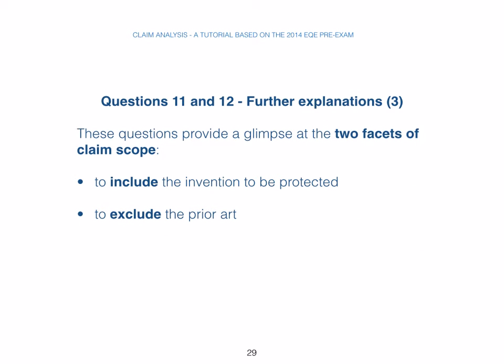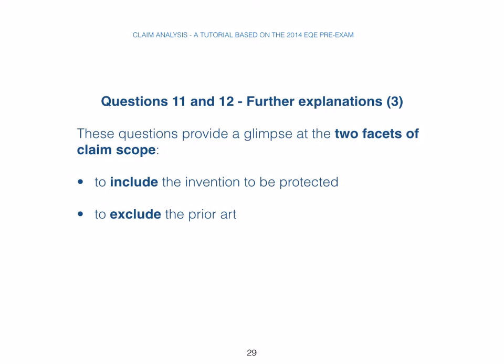Further explanation is that these two questions, questions 11 and 12, illustrate or provide a glimpse at two facets of claim scope. First facet of claim scope is to include the invention to be protected, which we saw for question 11, which was successfully done for question 11.